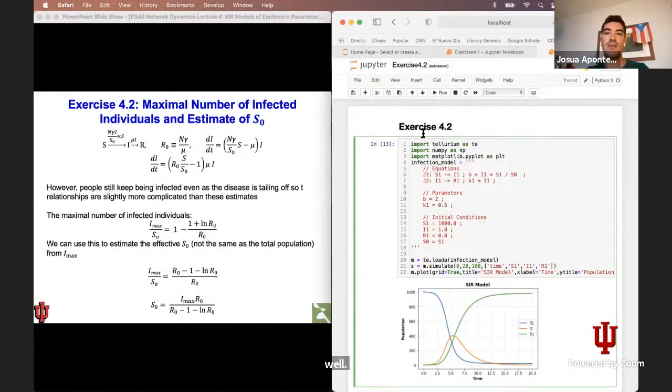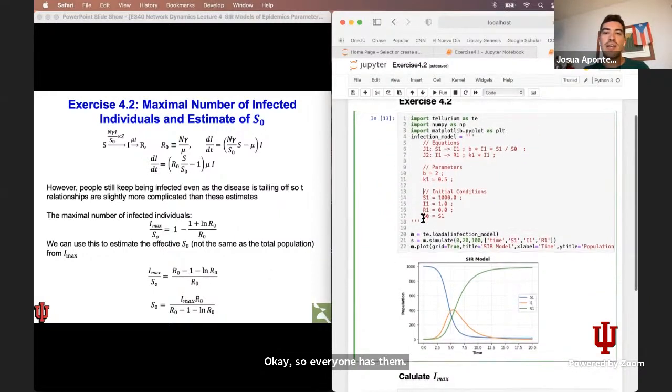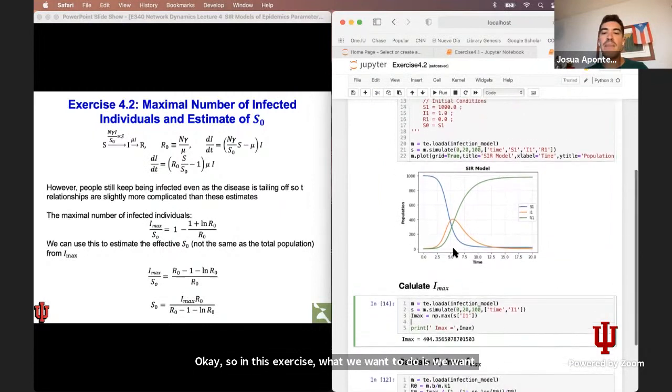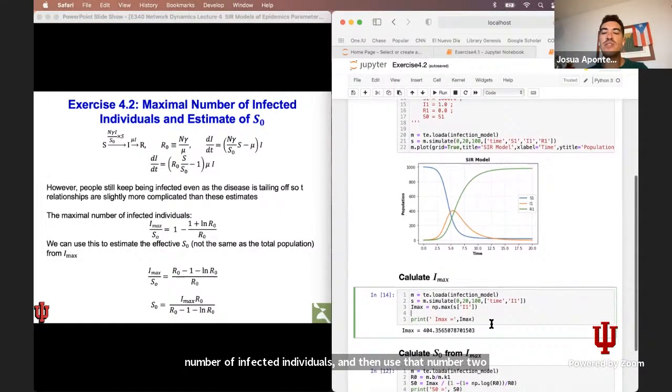Okay, so everyone has them. So in this exercise, what we want to do is calculate the maximum number of infected individuals, and then use that number to estimate what the initial susceptible population was. To calculate the number of infected individuals is pretty simple. I just need to simulate my SIR model.